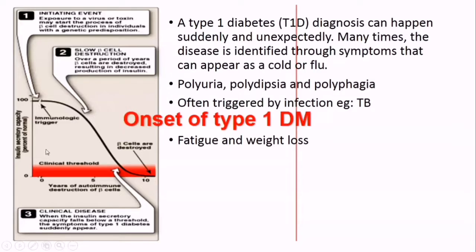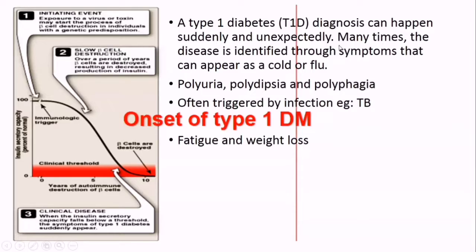Here you can see in this graph the insulin secretory capacity, which declines from 100%, then slowly beta cell destruction occurs over a period of years due to the immunological trigger. When the beta cells are destroyed and it comes to a clinical threshold, then the clinical disease is established. When the insulin secretory capacity falls below the threshold levels, the symptoms of type 1 diabetes suddenly appear.